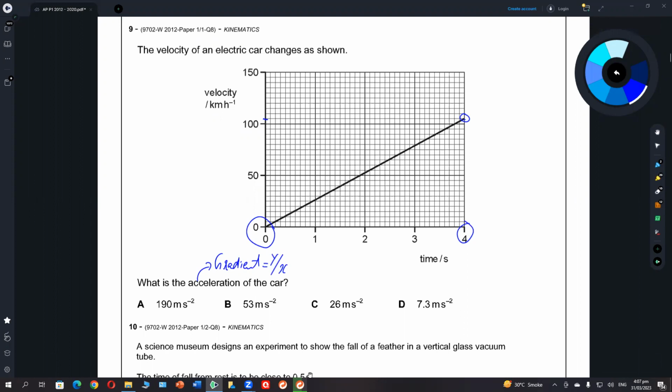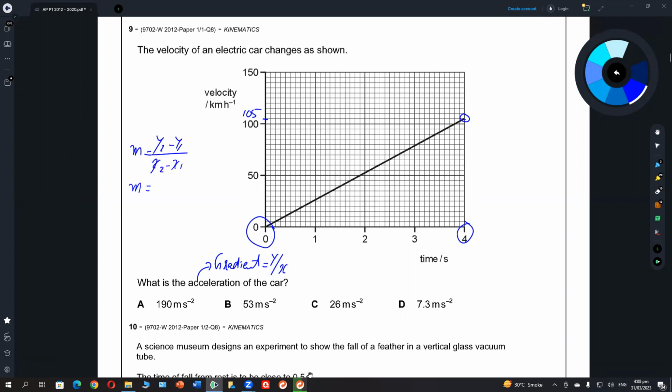It should be 105. By this, it comes as 26.25.